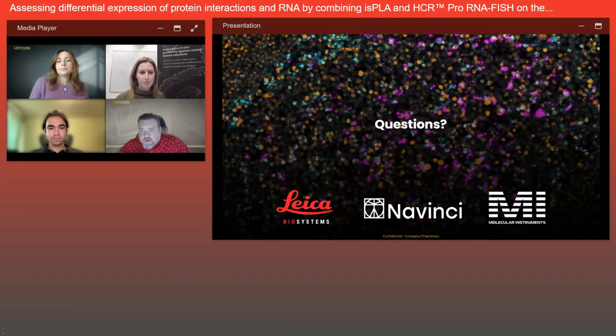Next one here. This one is for Joseph. What are the main advantages of the HCR platform compared to other ISH techniques? Yeah, there's a few key ones. The big one is the non-need for protease. That's always been intrinsic to the platform.